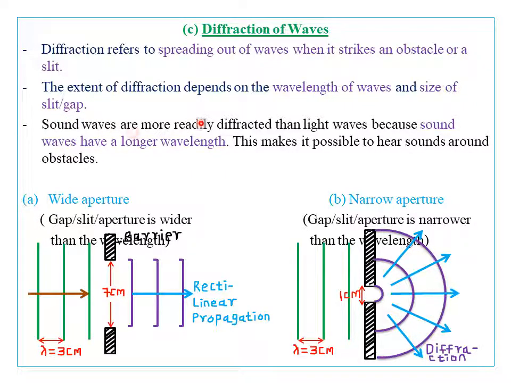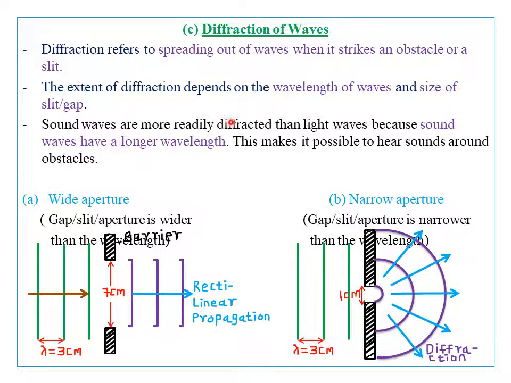Then sound waves are usually more readily diffracted than light waves, because sound waves have a longer wavelength. For example, my sound is able to move outside the wall of my house, but light may not be in a position to move outside, because light cannot travel in a path that is not straight, but sound can be diffracted, or it can spread beyond a straight path.